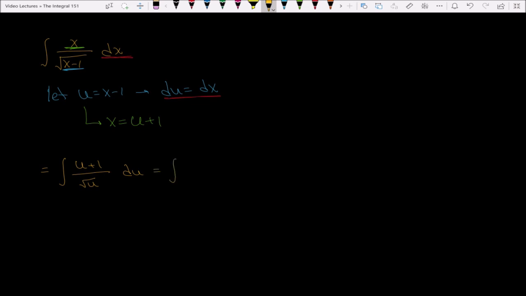That is the antiderivative of u plus 1 over u to the 1/2. Now, that's a monomial in the denominator. That allows us to write this as u over u to the 1/2, plus 1 over u to the 1/2, which is u to the minus 1/2.